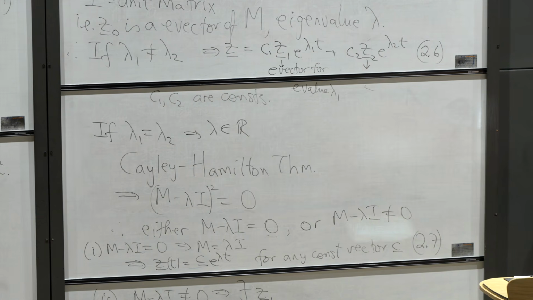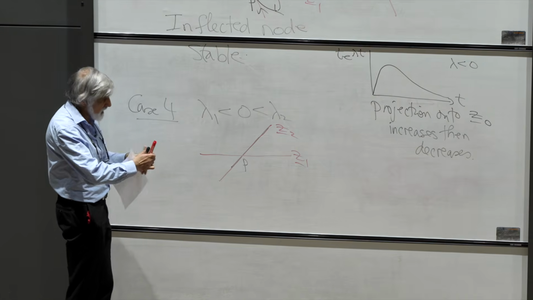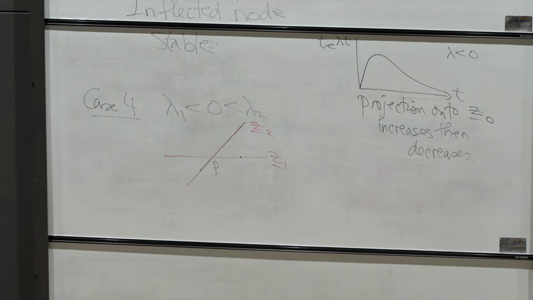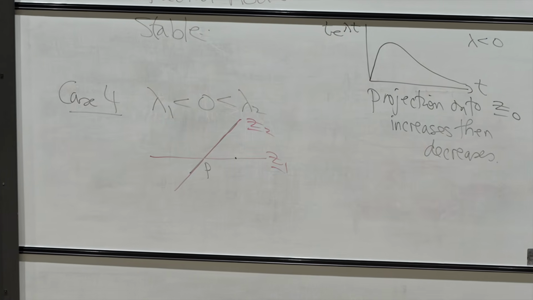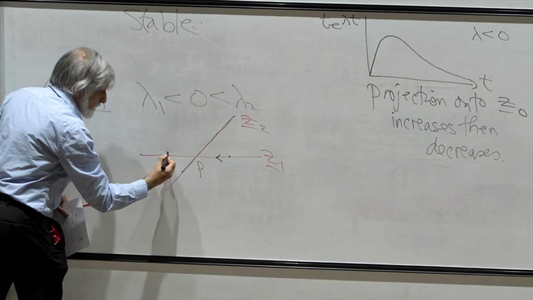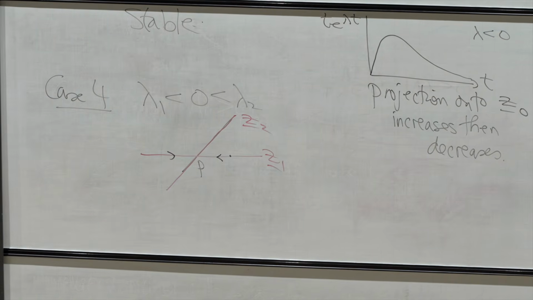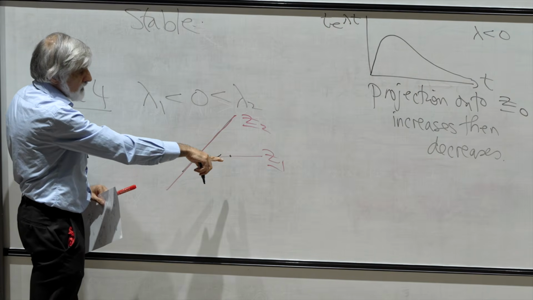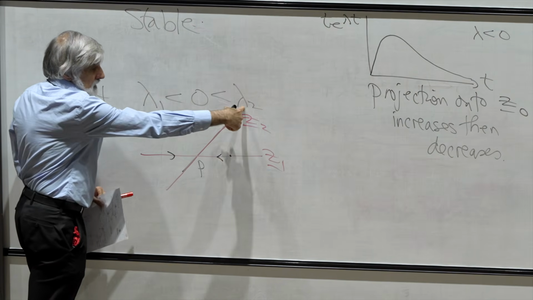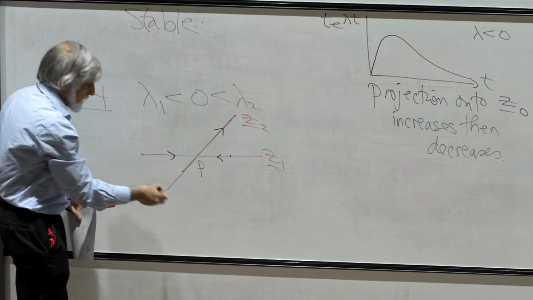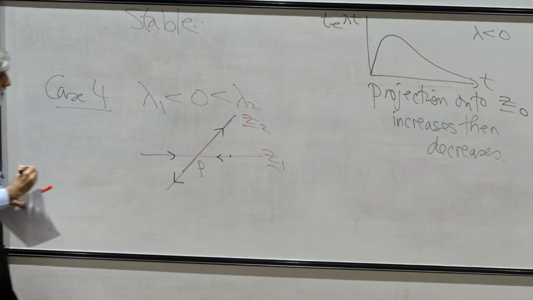If we were to take C2 to be 0, so there's no Z2 to begin with, it's just Z1, then we have e to the minus something, because lambda 1 is negative, so we'll go like this. And if we start off here, we'll go like that. If we start off here, begin with no Z1, then we just have Z2, e to the lambda 2 t, lambda 2 bigger than 0, goes up like that, down like that.